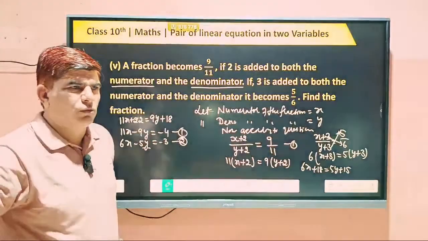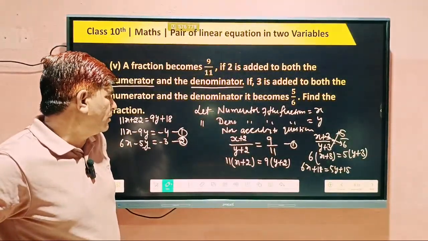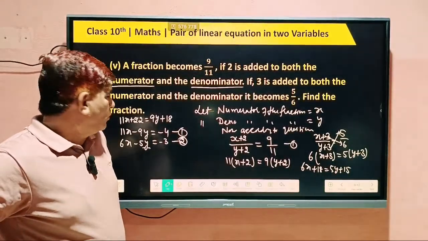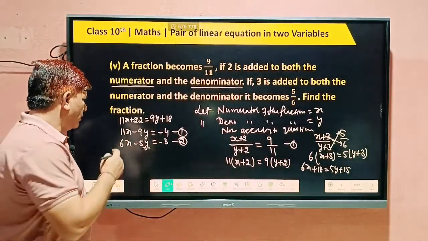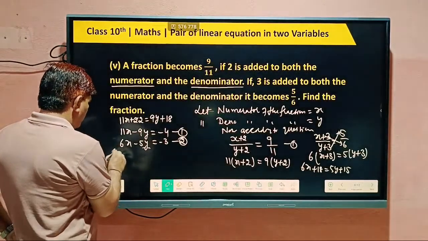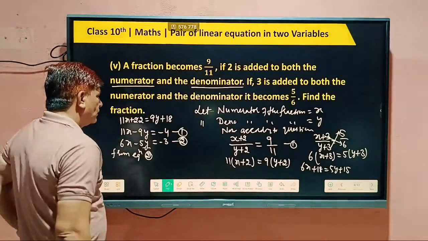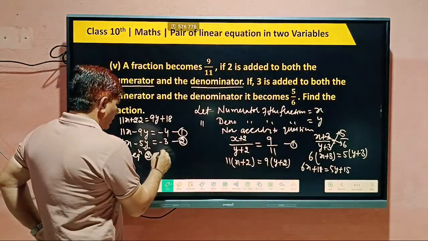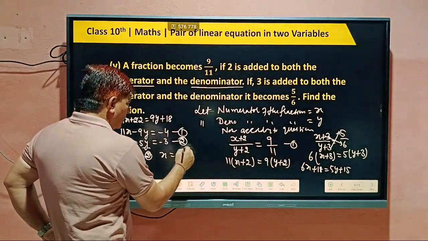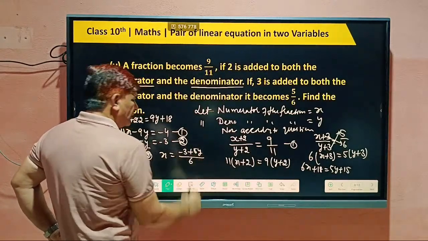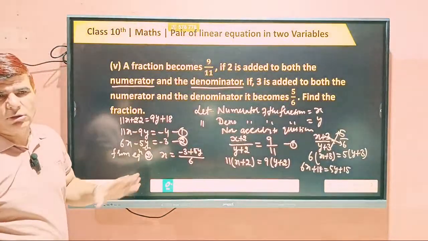After this, what do you have to apply? The substitution method. It means you have to solve. So how can you solve from equation number 2? From equation 2, it becomes x is equal to minus 3 plus 5y by 6. Able to solve?